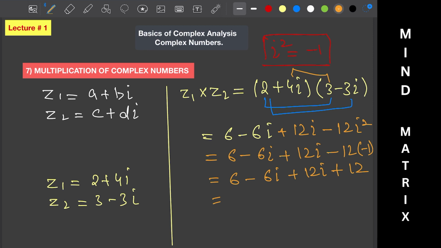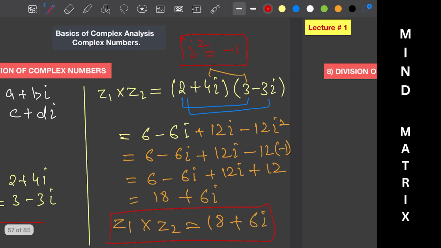Now we need to add the real part with the real part and the imaginary part with the imaginary part. So we will have 6 plus 12, which is 18, and 12 minus 6, which is 6 iota. So the required solution is z1 cross z2 equals 18 plus 6 iota, and that's our answer.